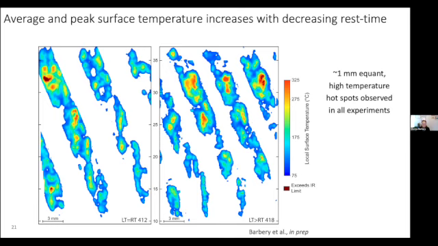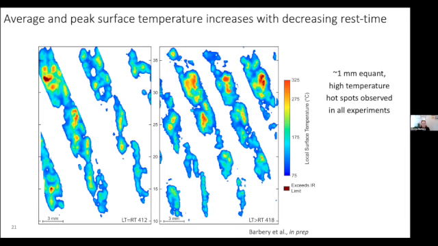And we still see repeating hotspots. As our rest time decreases, it's a little hard to see in a schematic like this, but both the average and peak surface temperature is increasing in these shorter rest time experiments, which is what we would expect, particularly from the mechanical data and what we were hoping to see. So this is all wonderful and great. These hotspots are particularly interesting, and I'm going to come back to them in a couple slides.